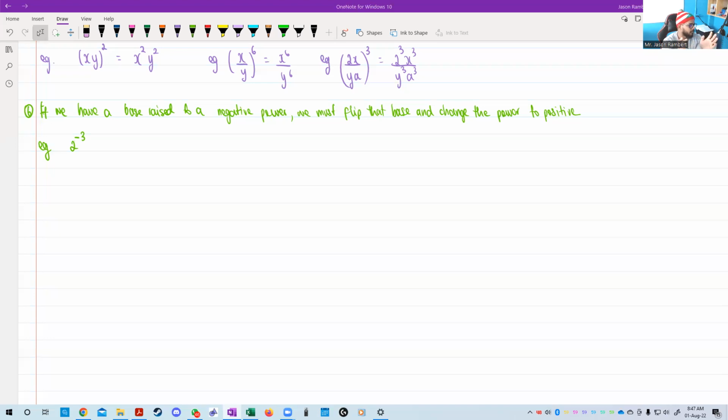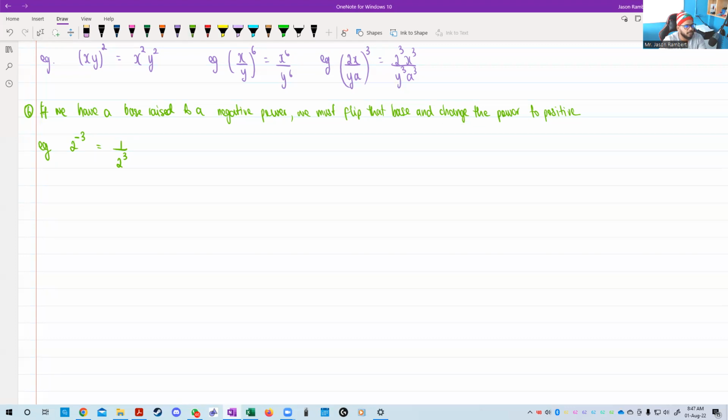That's all. So in this case, 2 is a numerator. When I flip it, 2 will become the denominator. So this becomes 1 over 2 to the power of 3, because the law says I have to change the power to positive.